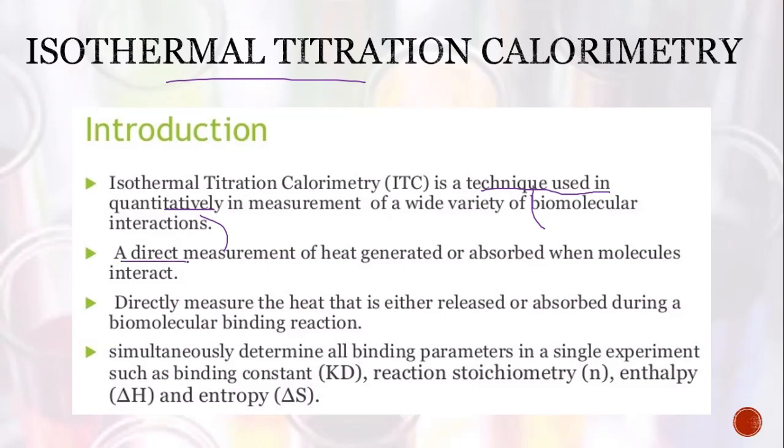That means a direct measurement of heat generated or absorbed when molecules interact. Directly, we can measure the heat that is either being released or absorbed during a biomolecular binding reaction. And simultaneously, we are able to do a complete thermodynamic profile where we can determine all binding parameters in a single experiment, such as the binding constant, the reaction stoichiometry, and enthalpy, as well as entropy.